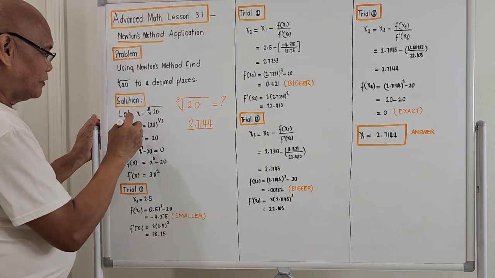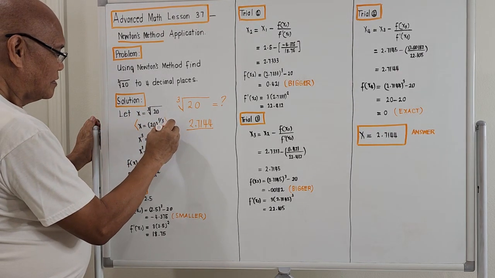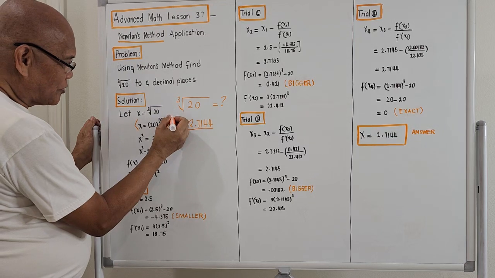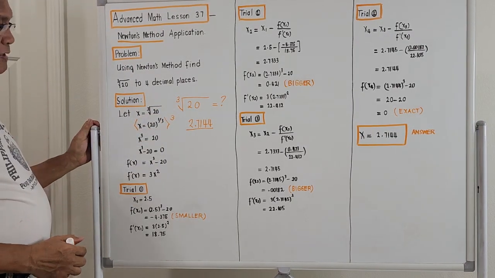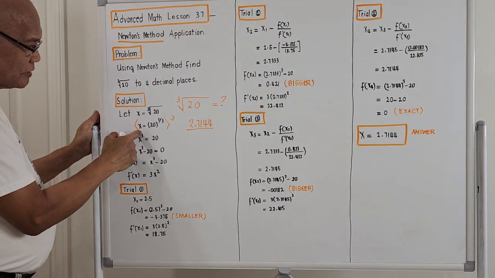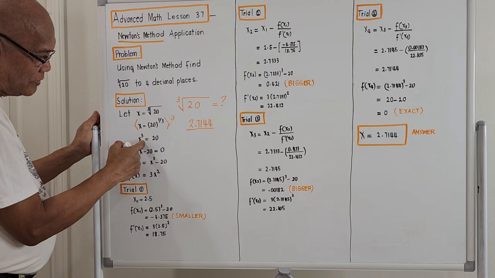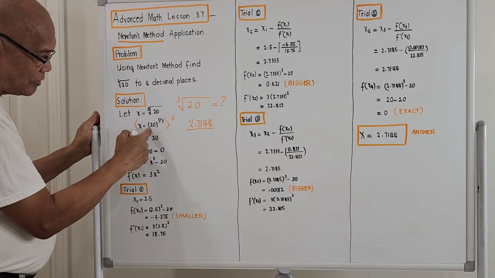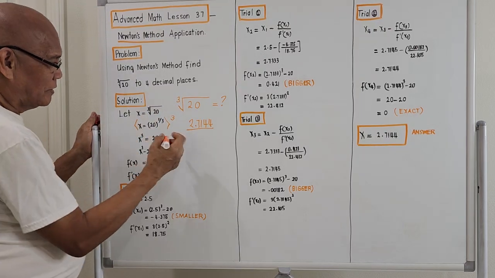Then raise both sides of the equation to the third power. x raised to the third power will be x cubed, and 20 raised to the 1/3, raised again to the third power.